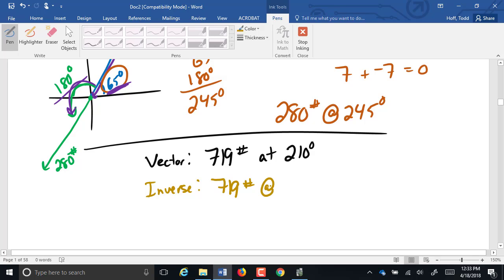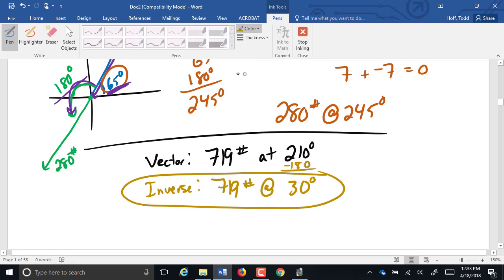What's its direction going to be? We're going to subtract 180 from it, right? 210 minus 180 would be 30 degrees. This is the inverse. That inverse is going to become very important to us later on this hour.